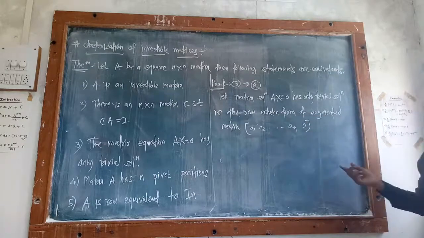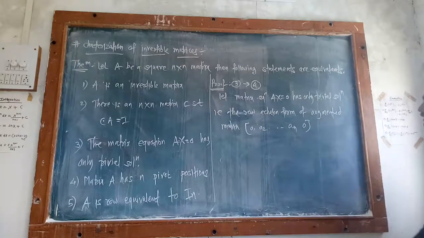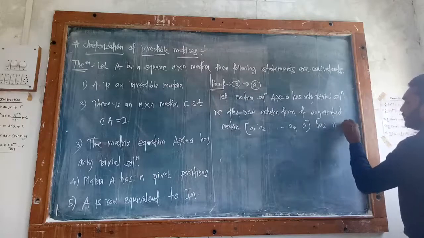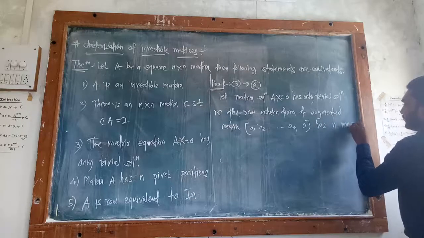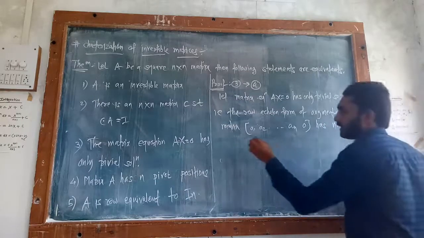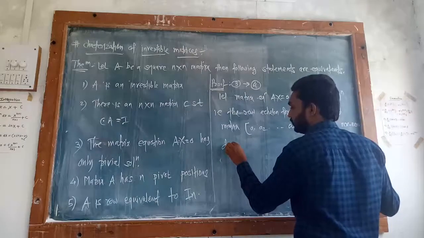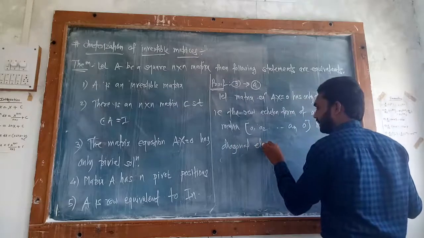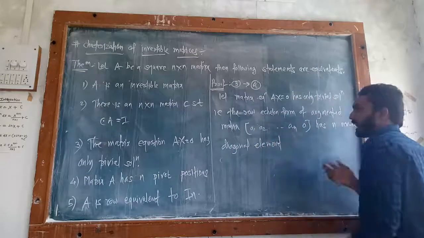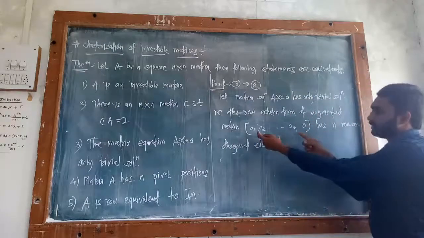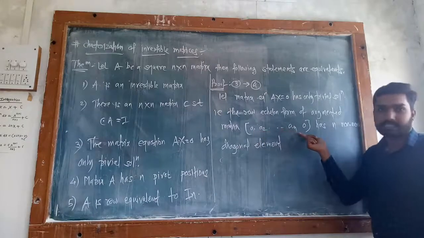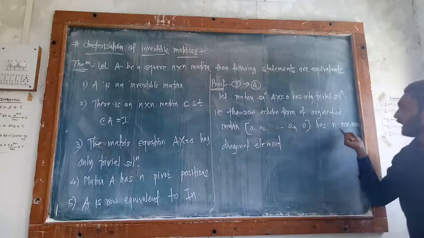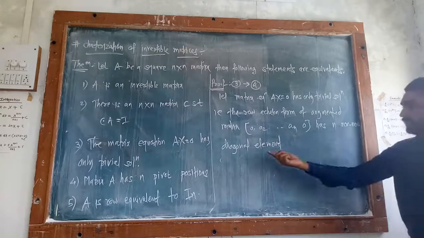So this row echelon form of augmented matrix Ax equal to 0 has n non-zero diagonal elements. This is your A1, A2, An, all these are your column vectors, and these n column vectors have n non-zero diagonal elements.